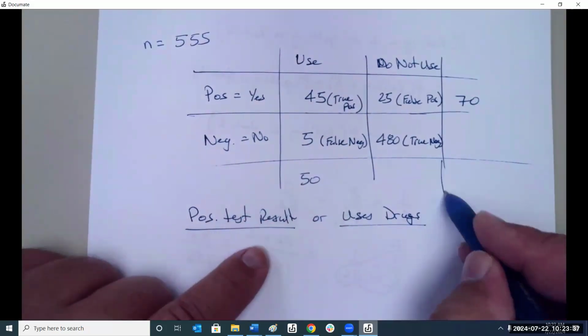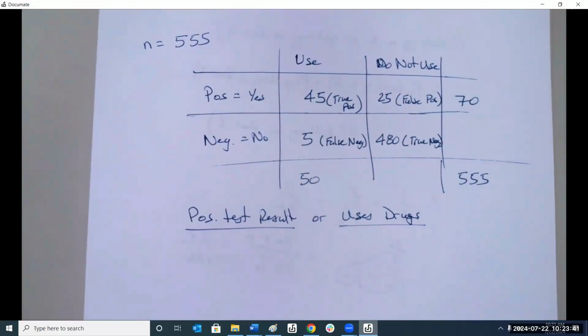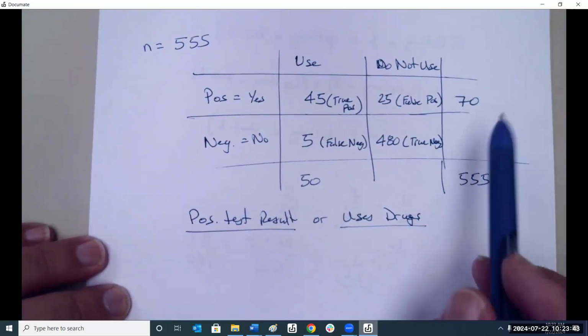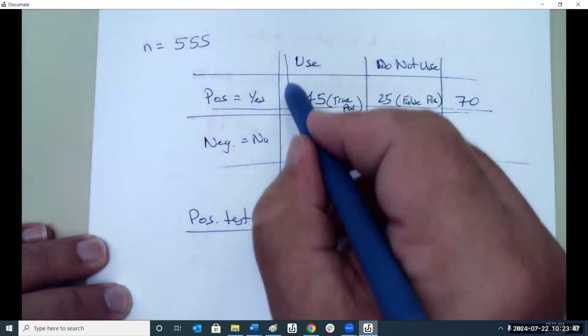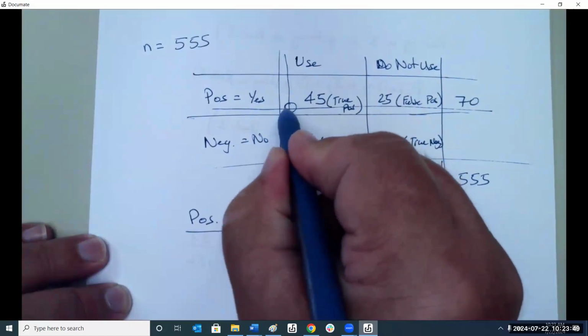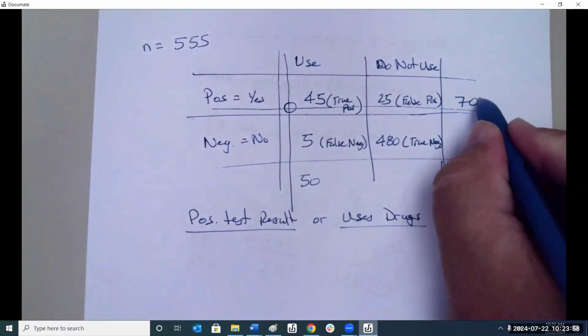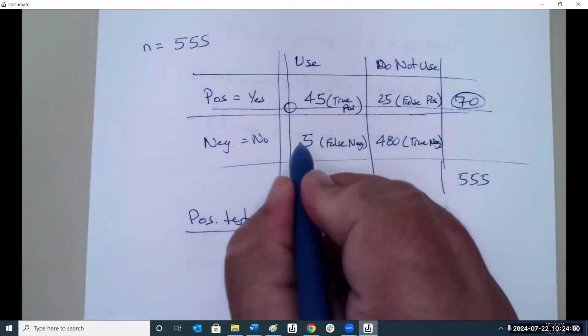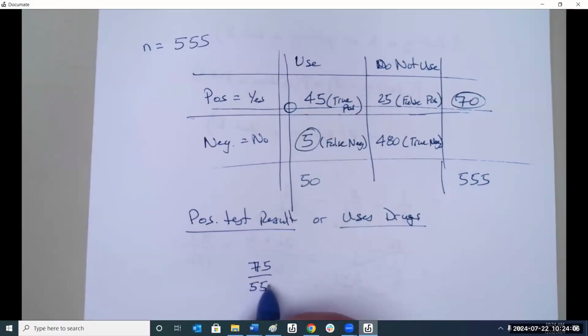And remember, in total we had 555 people. If you notice, the positives were 70, the users were 50, and they overlap right here. So we take these 70 and these 5, and we got a total of 75 over 555.